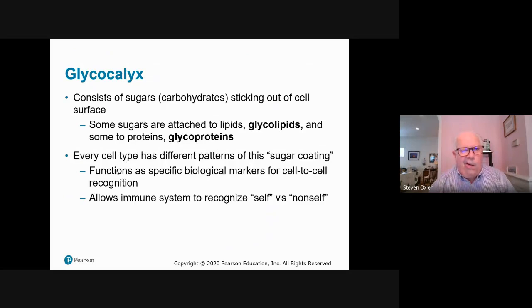If there's a foreign protein from the outside trying to get into the cell, these sugars will identify it and block it. Not only will they block it, they will alert white cells to come down and destroy it. So they identify self and non-self, the sugars, the glycocalyx.